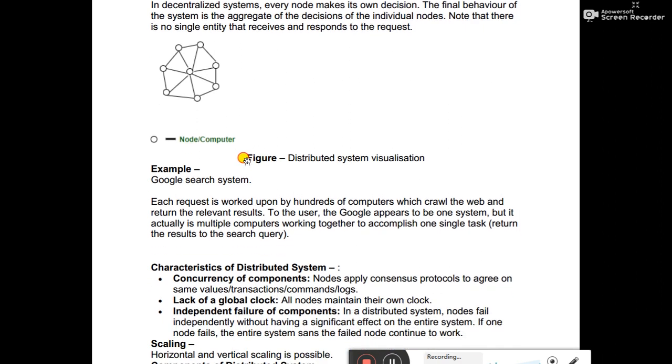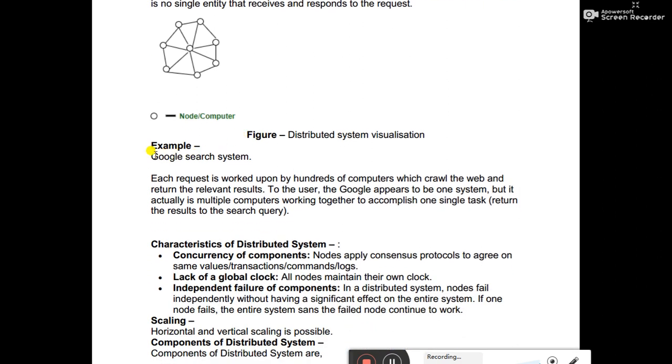Like here you can see, an example, a very important one, Google search system. Here what happens, each request is worked upon by hundreds of computers which scroll the web and return the relevant results to the user. So Google appears to be one system, but it actually is multiple computers working together to accomplish one single task.